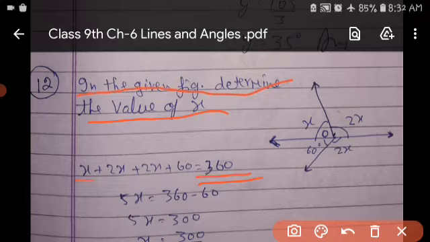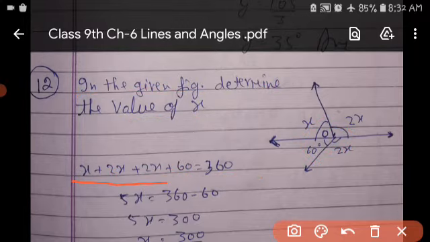Now the sum: x plus 2x plus x plus 60 degrees. Now 2x and x make 5x, and 60 goes to the other side with a minus sign. 5x is equal to 360 minus 60, so 5x is equal to 300.